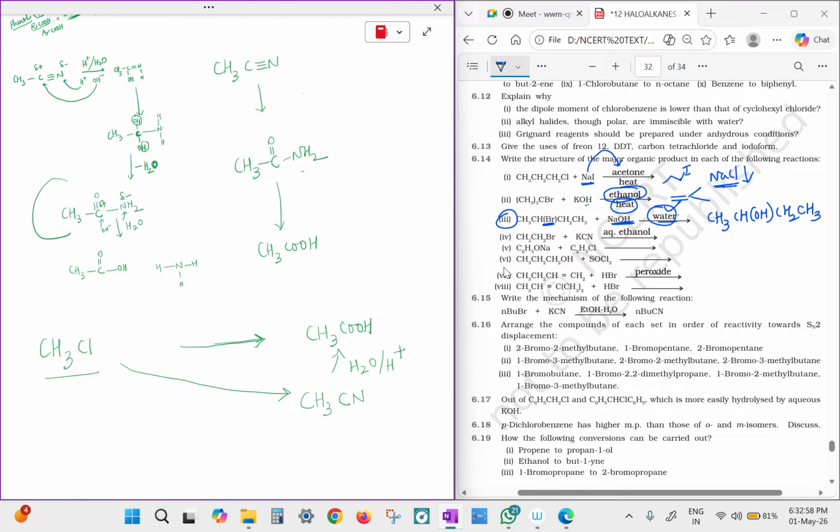How would you do that? Look at the fourth subdivision. You replace the chlorine with the cyanide. How do you replace?